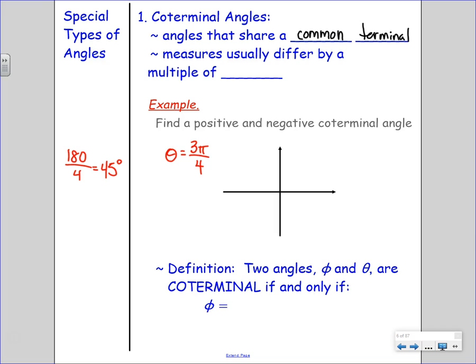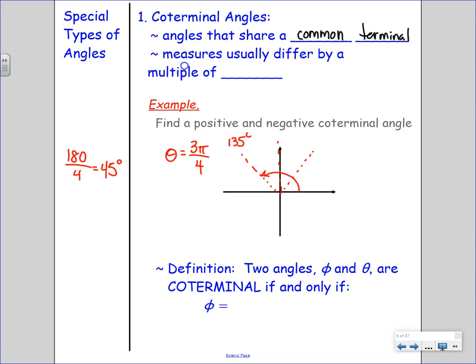Whenever I have a fourth, it's 45s, and I have 3 of them. There's 1 45, there's 2 45s, and there's 3 45s. I take pi and I cut it in 4 pieces, and I go 3 of them as I rotate. 1, 2, 3. Or you can think I go 3 45s, so 3 half 90s, so there's 1, 2, and 1 more. But either way, you do get to 135.